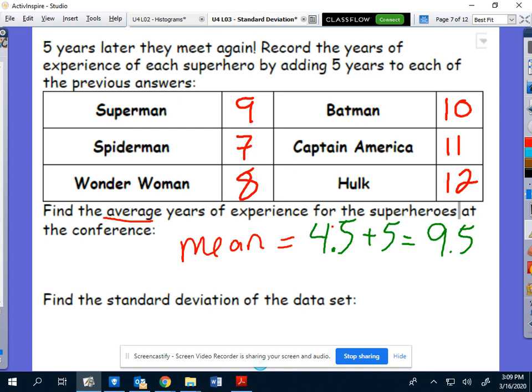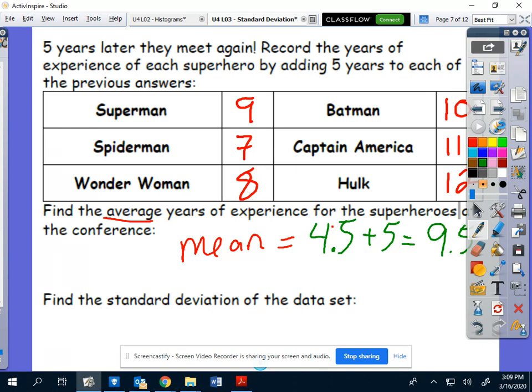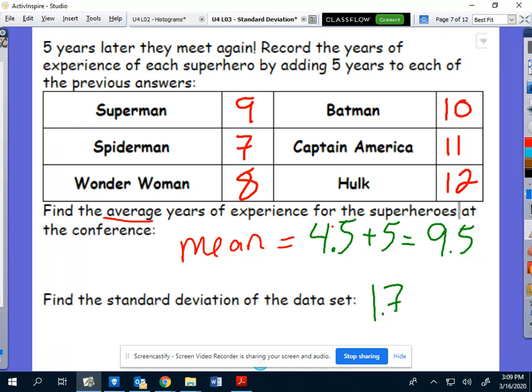But the question is, does the standard deviation go up as well? And if you type these new numbers, 9, 7, 8, 10, 11, 12, into Desmos and you find your standard deviation, guess what? The standard deviation is still 1.7. Why did the standard deviation not change, but the mean did? The mean obviously is going to go up because our numbers are larger, right?